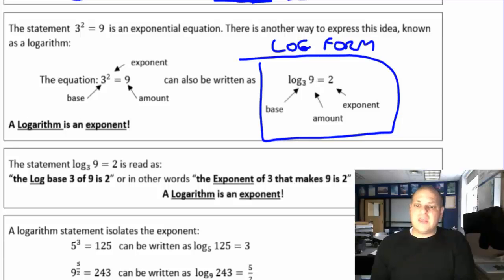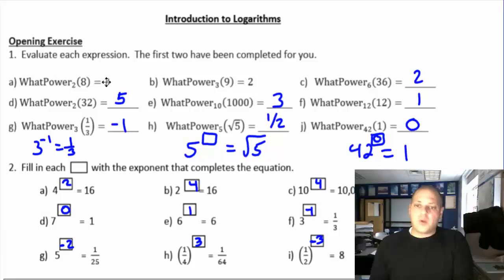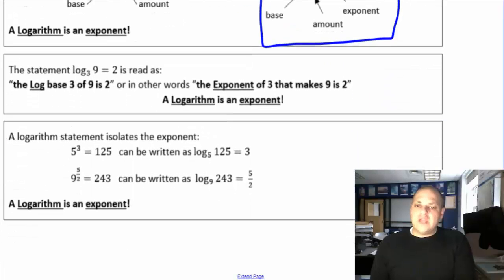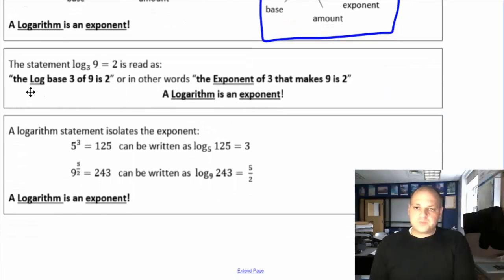And it's the same thing as the what power function, except instead of what power we write log. Log base 3 of 9 equals 2. So the way you read that is the log base 3 of 9 is 2. In other words, the exponent of 3 that makes 9 is 2. I'm going to let that sink in for a second.